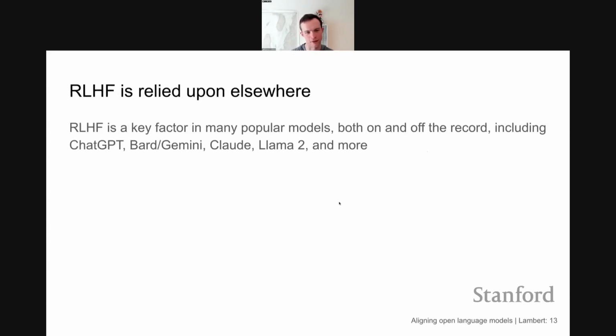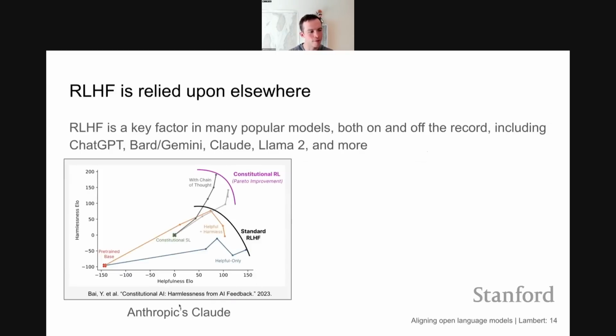Some examples that I like to cite on RLHF being relied upon, you can list many more models here than I have. This figure from Anthropic's constitutional AI paper is the single one that I go back to all the time, showing how just using RLHF can get these more desirable behaviors from their model in really dramatic ways.